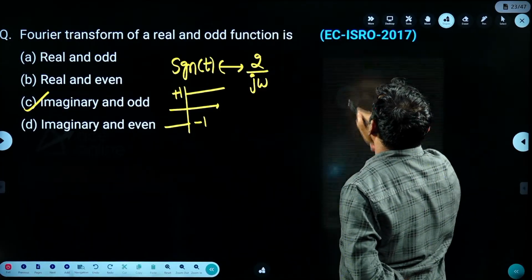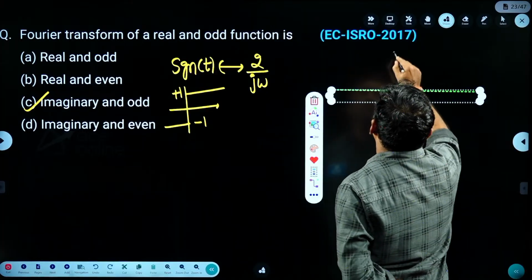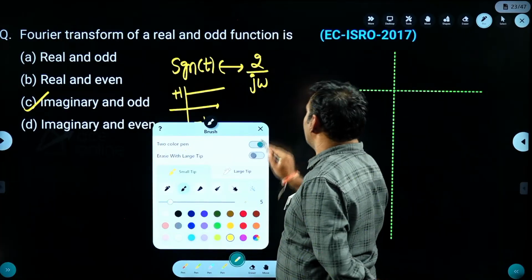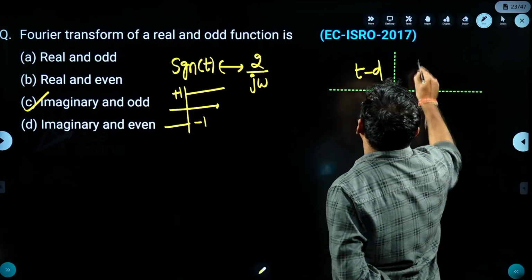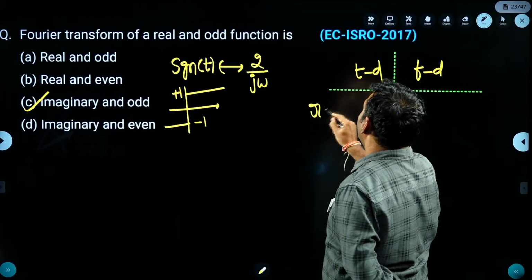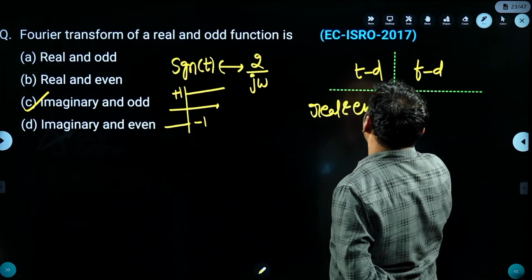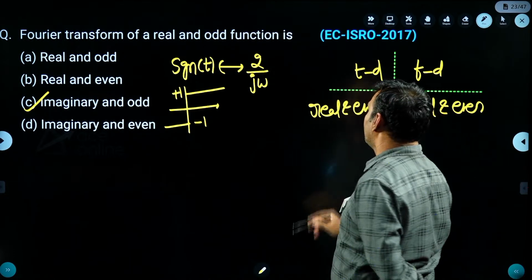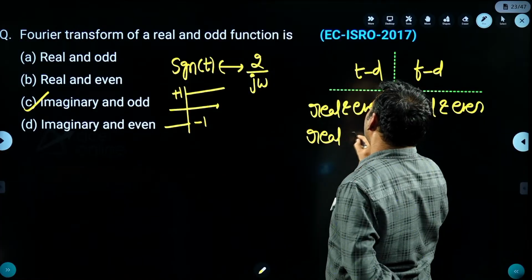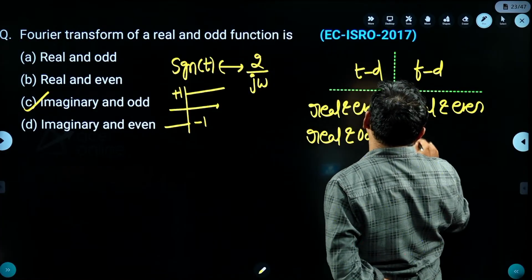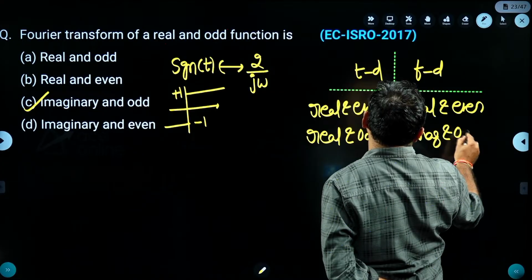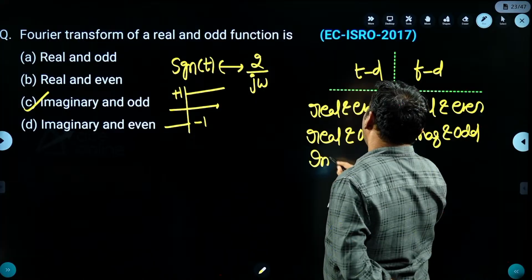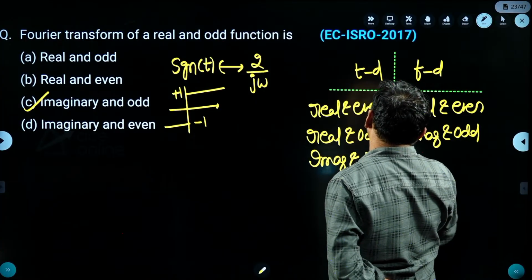So there is a chance of getting few questions based on this point. In time domain and frequency domain, whenever you take real and even signal, spectrum is real and even. Whenever you take real and odd, spectrum domain it is imaginary odd, vice versa, opposite also true. Imaginary odd becomes real and odd.